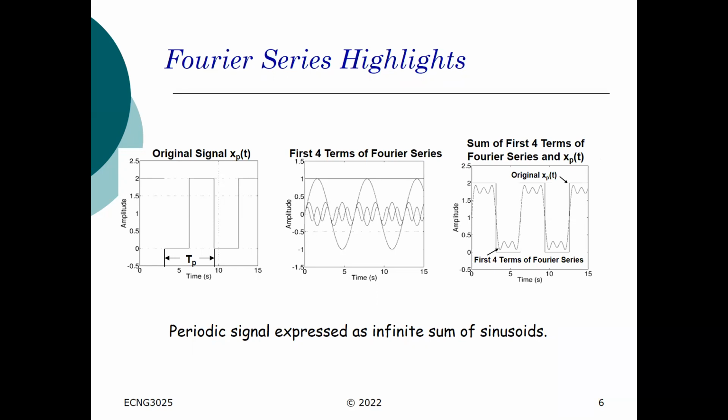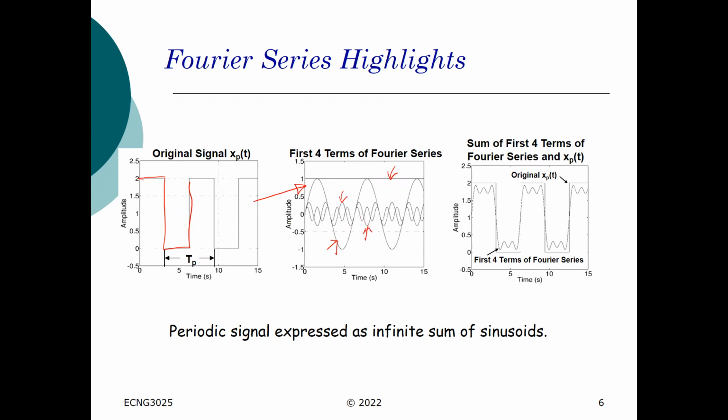So what you have, for instance, is a square wave, or a rectangular wave, and you can express it according to this Fourier series. You can express it in terms of a DC, which is 0 frequency, the fundamental, the first harmonic and the second harmonic.